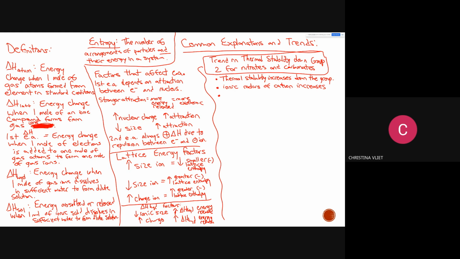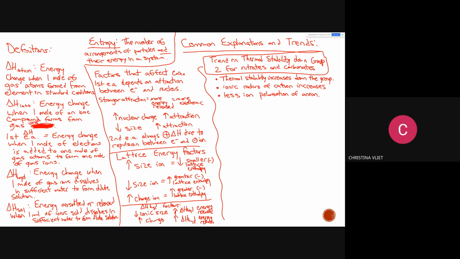So there's less polarization of the anion, the anion being either the nitrate or the carbonate, meaning it is harder to decompose as you go down the group. This is a standard 2 or 3 mark explanation question. You know it or you don't. Very common.